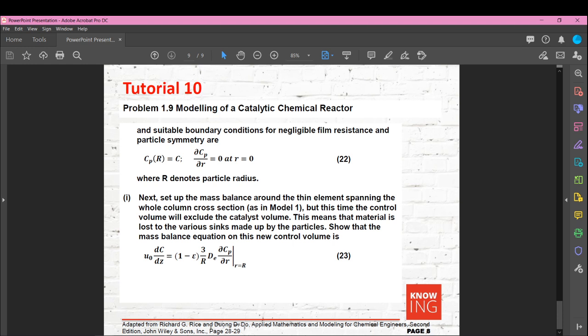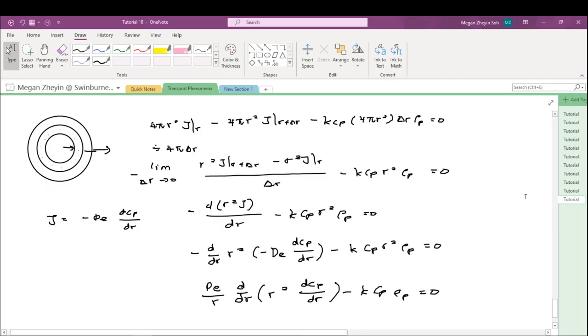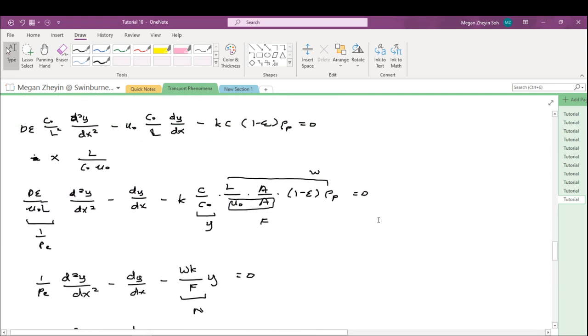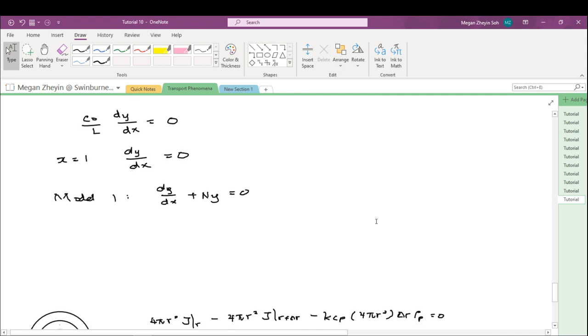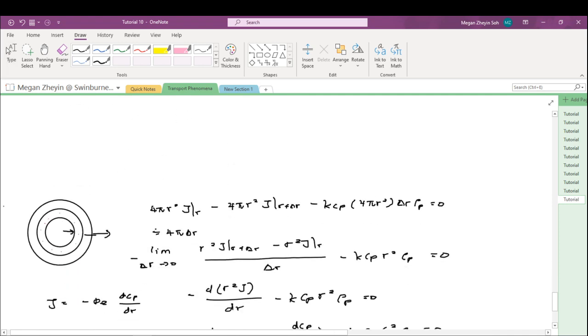So in this case, we do a mass balance again. Let's write this down first.